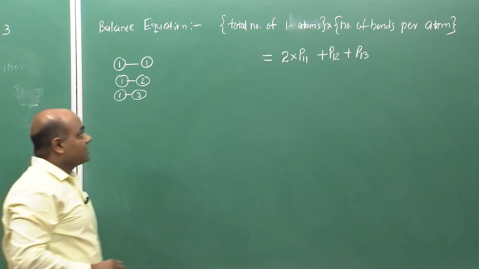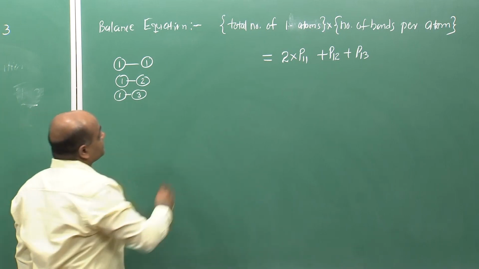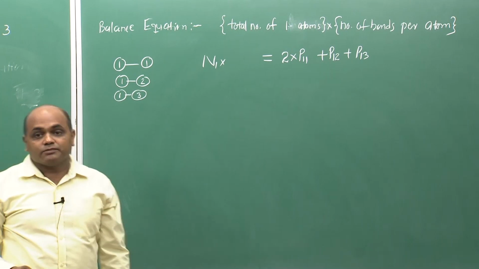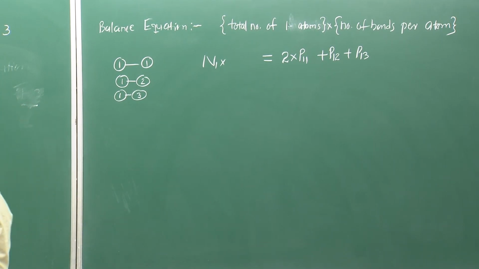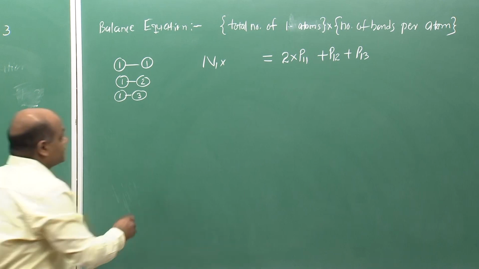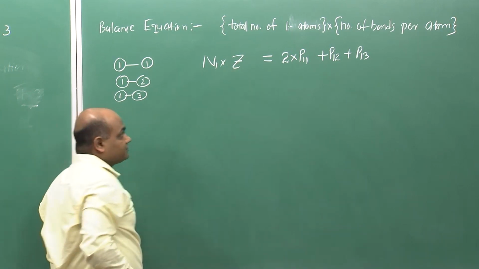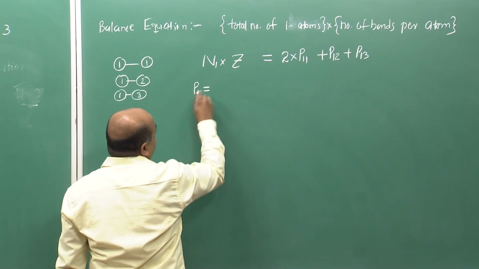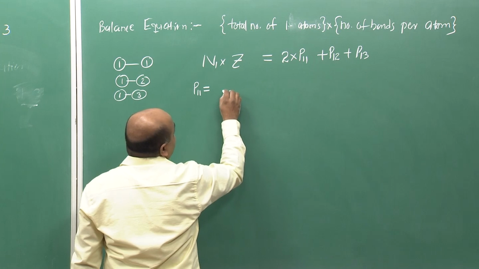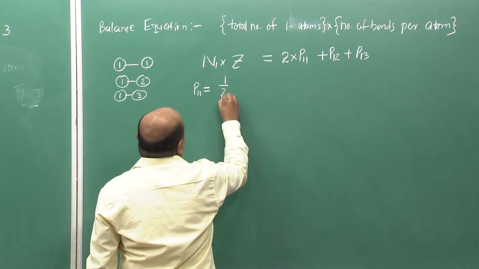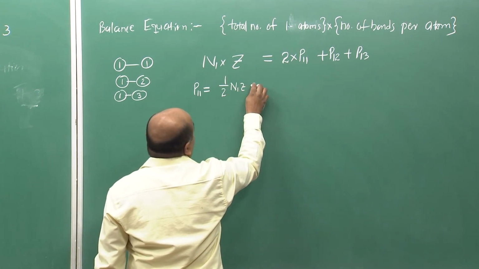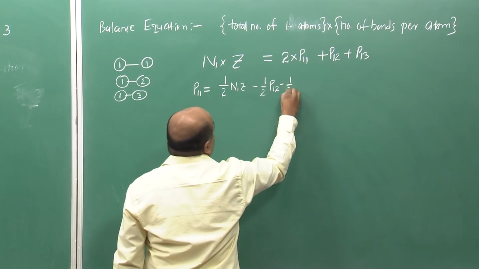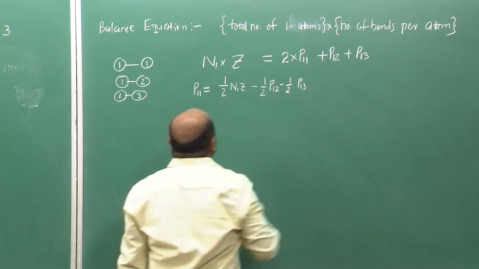and on the left hand side, total number of 1 atoms is N1 and the number of bonds per atom should be equal to the coordination number, let us call it Z, and so we can get P11 is basically 1/2 N1Z minus 1/2 P12 minus 1/2 P13.